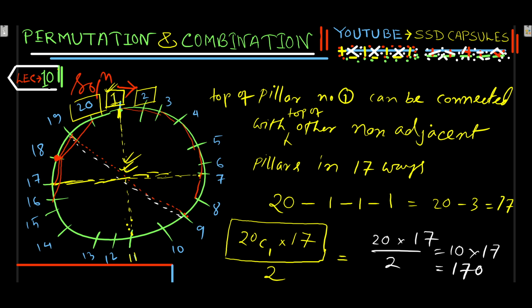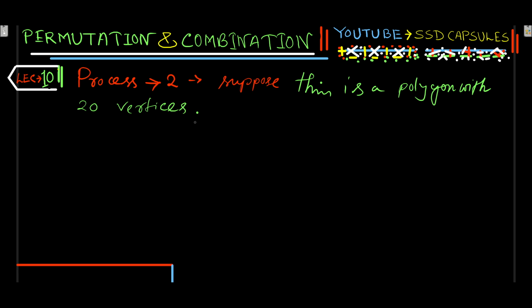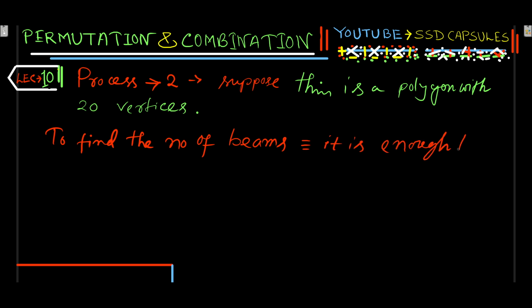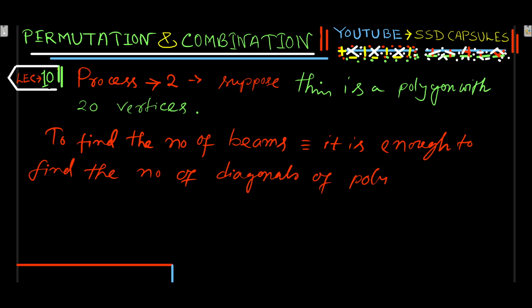So how to calculate the diagonals of a polygon with 20 sides or 20 vertices? To find the number of beams, it is enough to find the number of diagonals of a polygon with 20 sides.